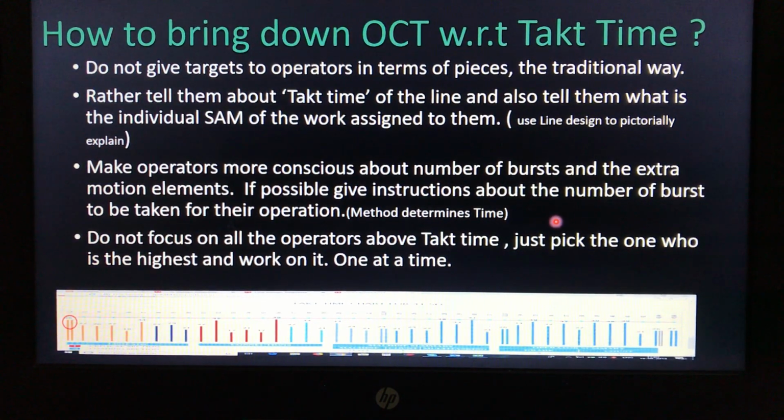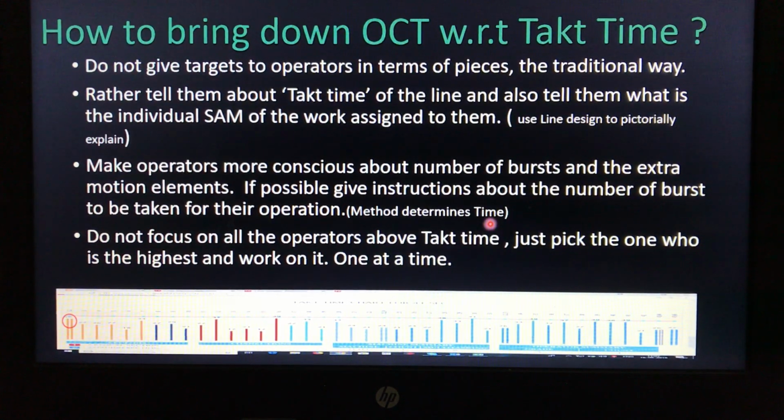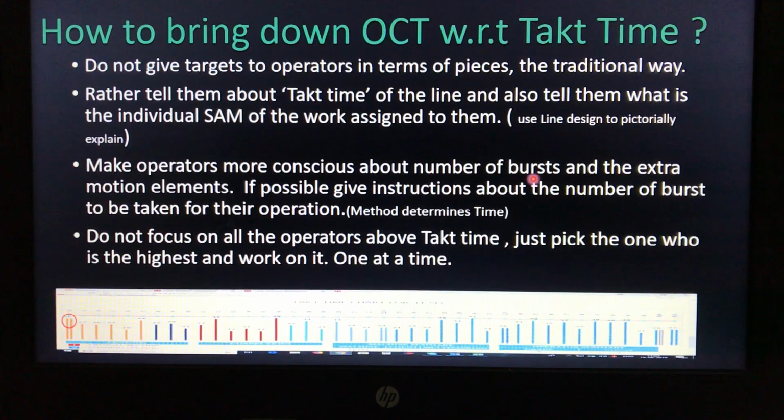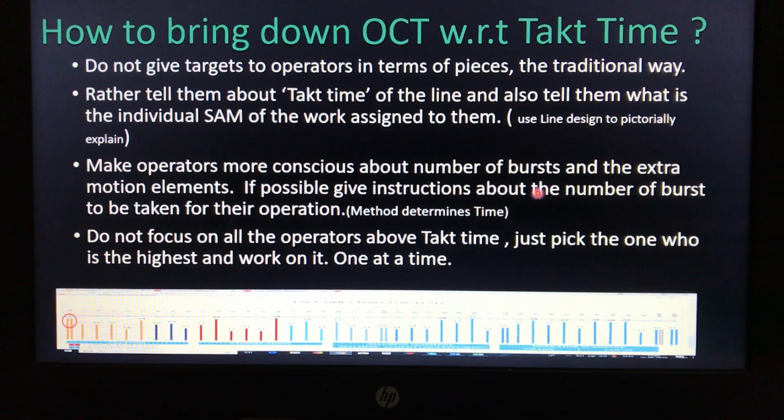The familiar slogan is "method determines time," which you would find in GST or any PMTS. So they need to know that their methods determine time, the number of bursts, the time they take for every cycle is what decides the output of the line.